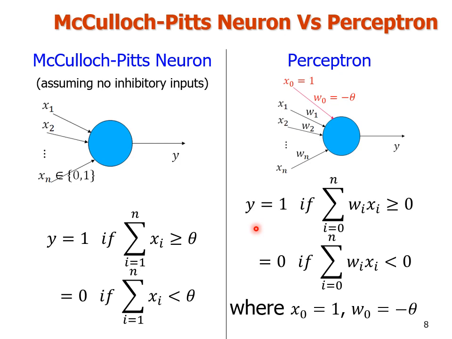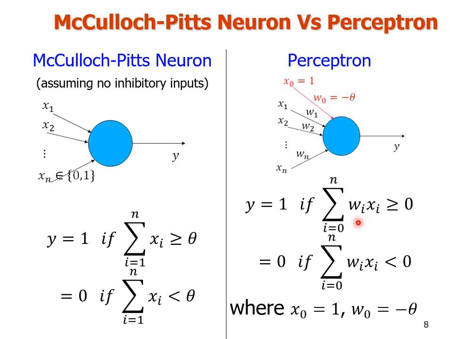Then you may think, what is the difference and why do we claim that the perceptron is an updated version of the MP neuron? The question is really valid. Here in the perceptron, we have the weights associated with the inputs, and the threshold theta is also included as one of the weights, as we can see in this figure, and it has also been represented using this expression.